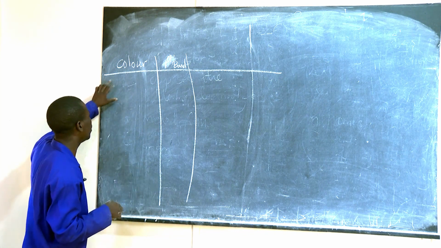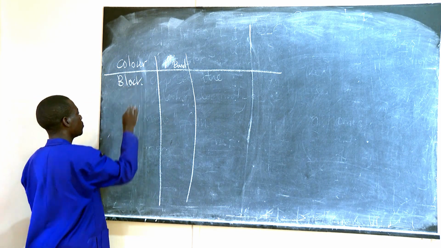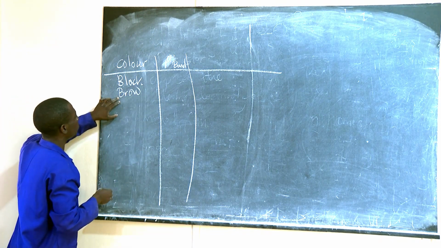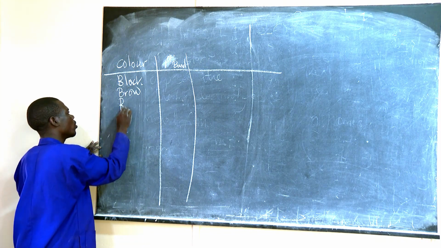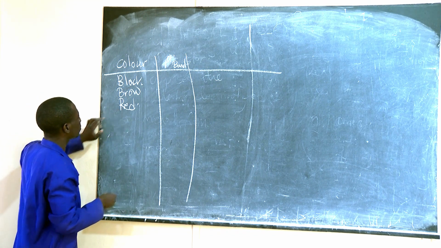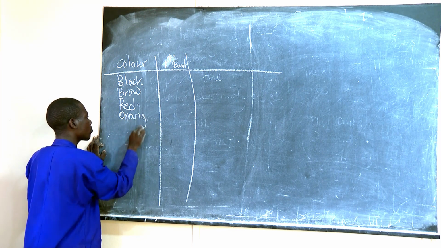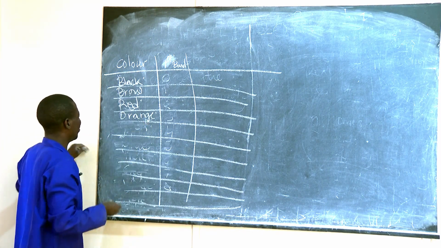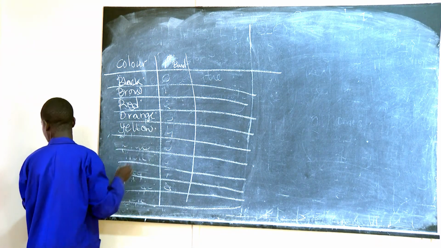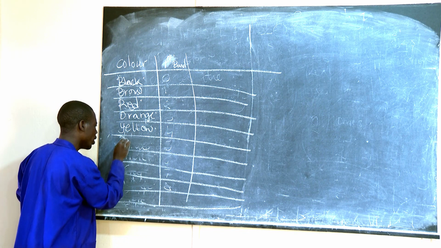So the first one here, we are going to begin with black. So we write here, this is black. Then the second is going to be brown. Then the third, we are going to have red. Then the fourth one, we are going to have orange. Then here in this box, we are having yellow. Then on this one, we have what we call green.